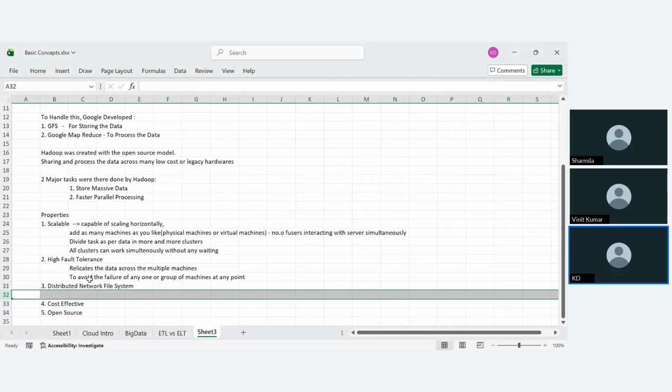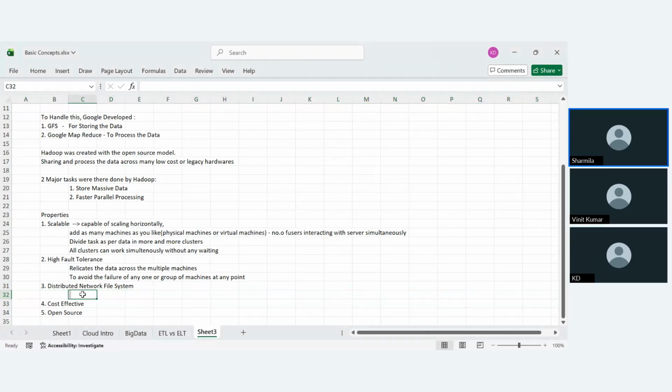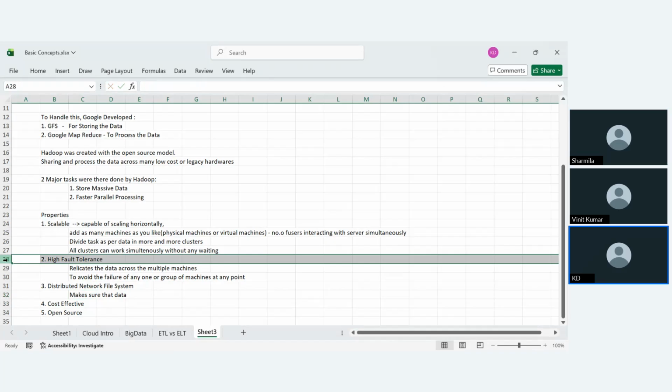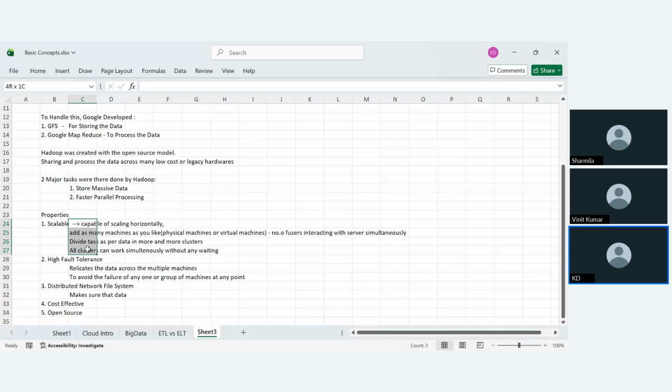High fault tolerance means that a lot of clusters are working at the same time. Let's suppose 1,000 clusters are working on the same system, and every cluster is handling its own task.